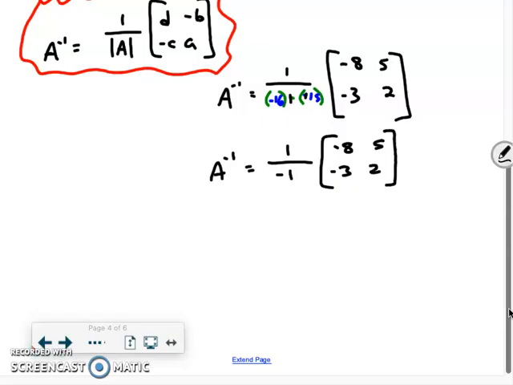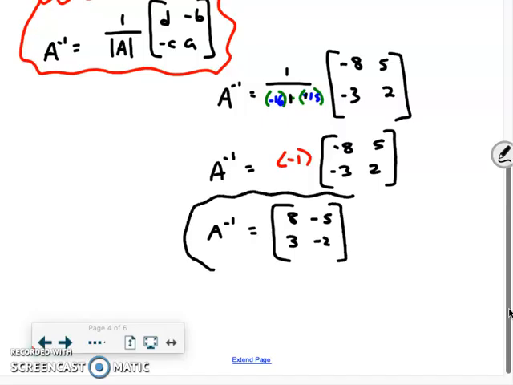If I have 1 over negative 1, that really just means the scalar is negative 1, which simply means that for my inverse, we're essentially negating all 4 terms. So that's going to put us at positive 8, negative 5, positive 3, negative 2.